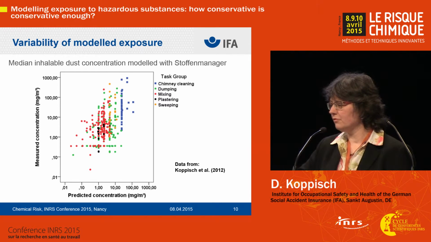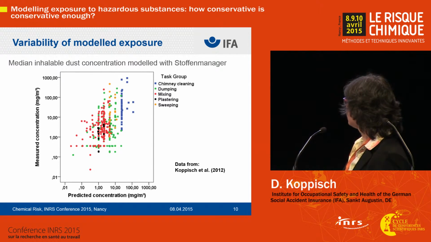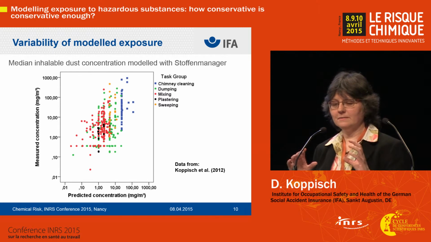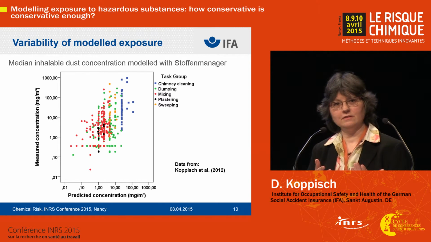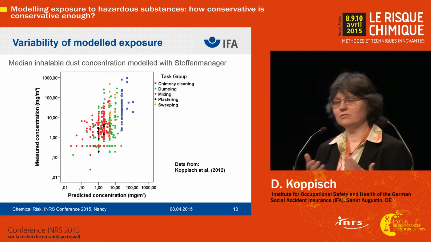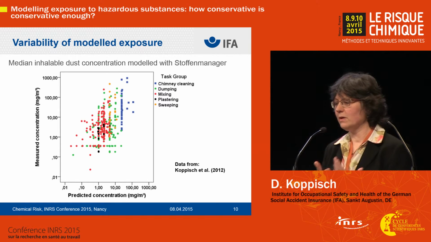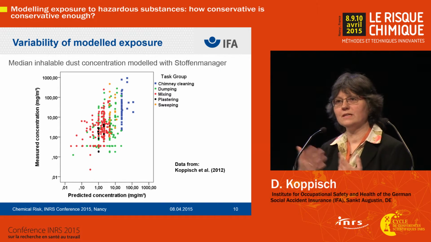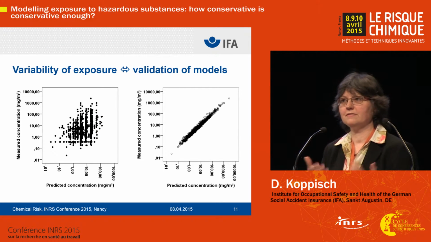You have one predicted concentration, let's say 1 milligram, because you have described the exposure situation. And when you go back to reality and make measurements in the real world, you see that you don't have one exposure, you have variability. So what you would expect is that if you now compare your estimated value with measurement values, you also have this variability.